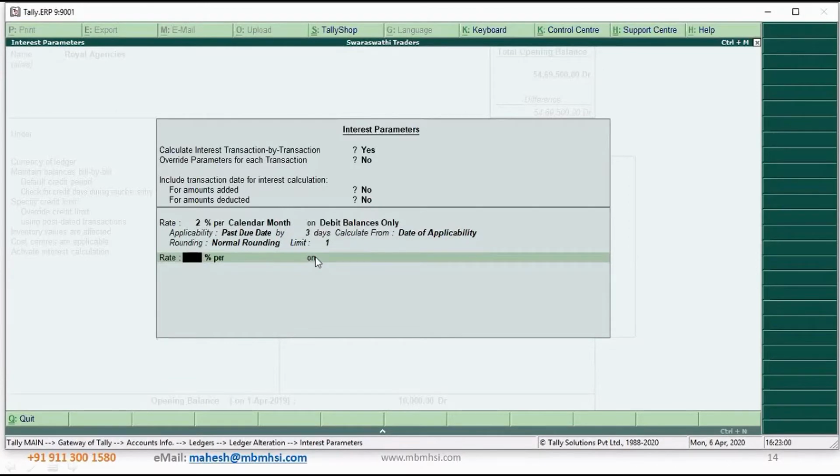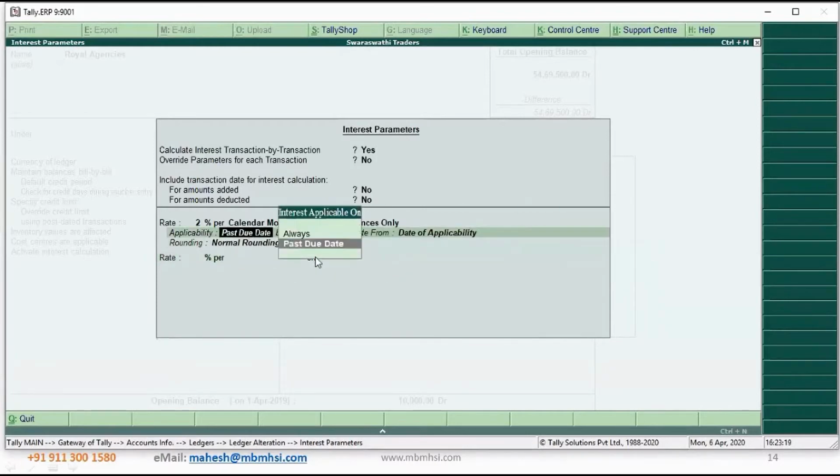So what are the things that we have in advanced parameters? You have the rate, and the basis of calculation, whether it is on all balance, only on credit balance, or only on debit balance, that you could specify. Then applicability is whether it is from the date or past due date, whether it is always or past due date.